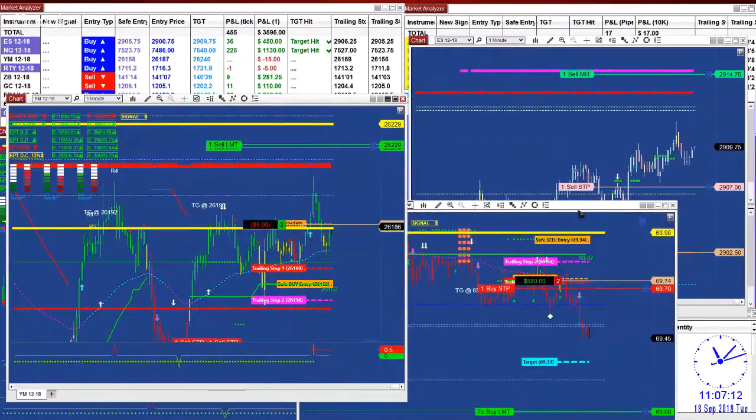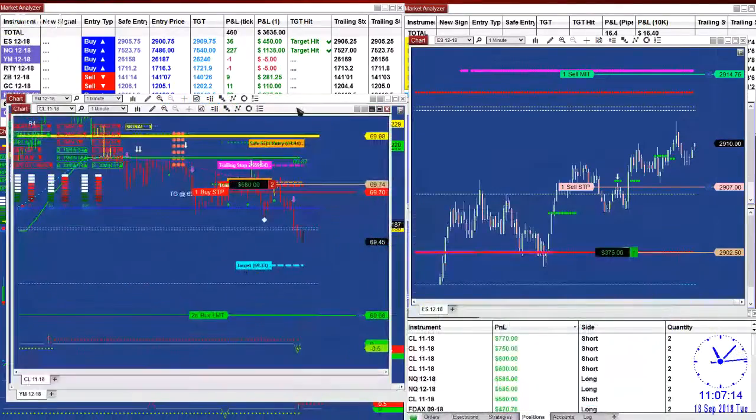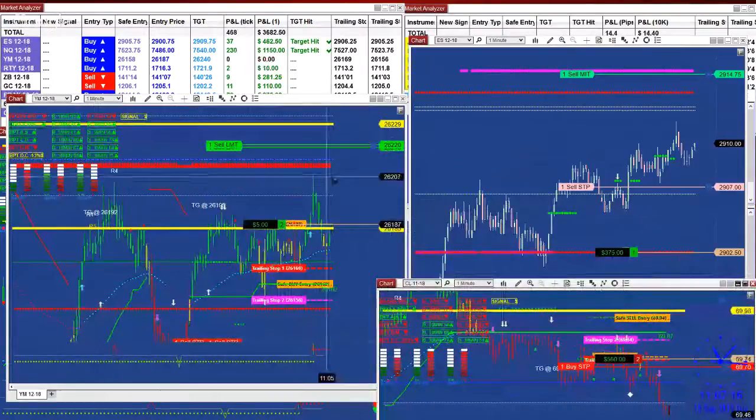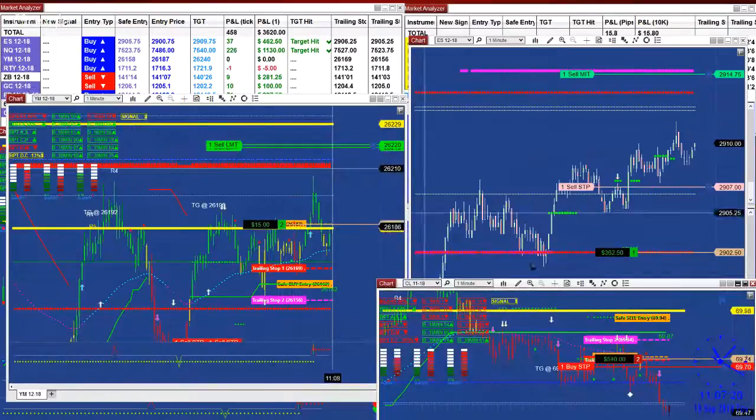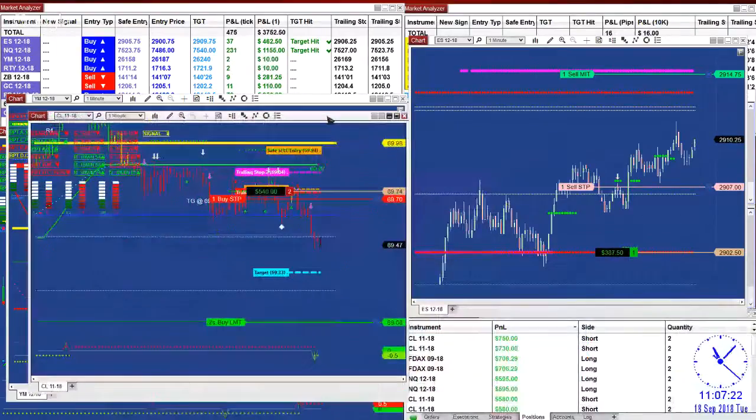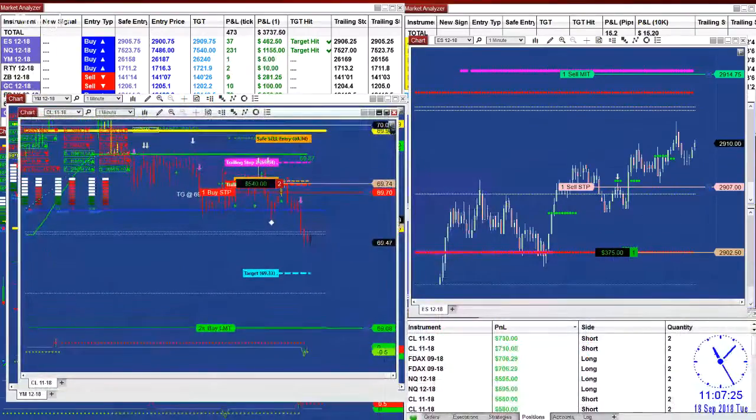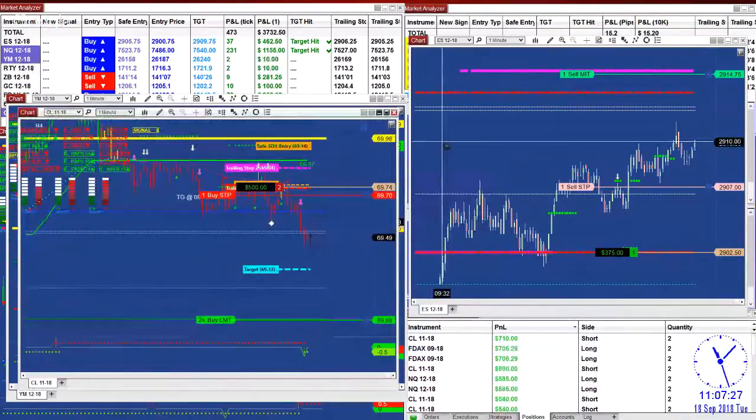Keep your hand light-handed to close position, because you're going to bump into the same problem again at 62.10. So keep your hands on the mouse. Be a little bit light-handed with it. For the CL traders, we'll see how we're going to manage out of that trade.